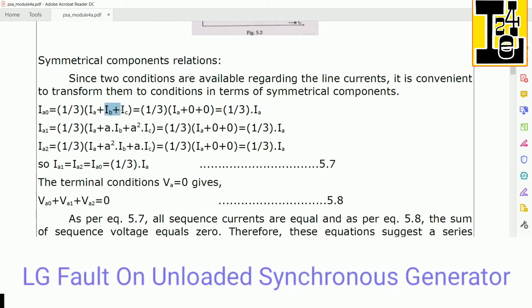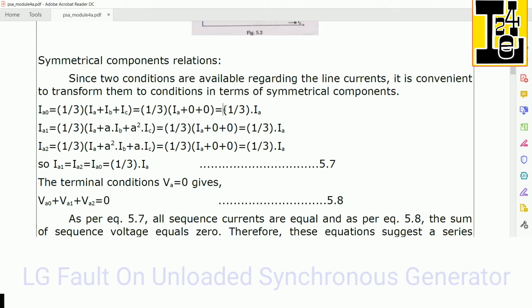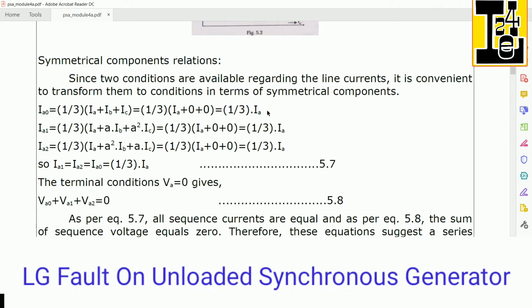Substituting IB equals 0 and IC equals 0, we get IA0 equals 1 by 3 into IA.